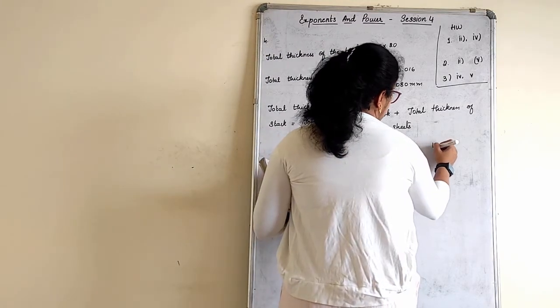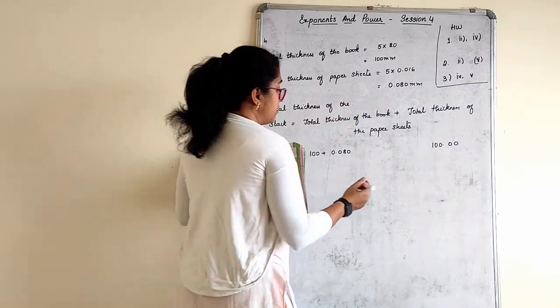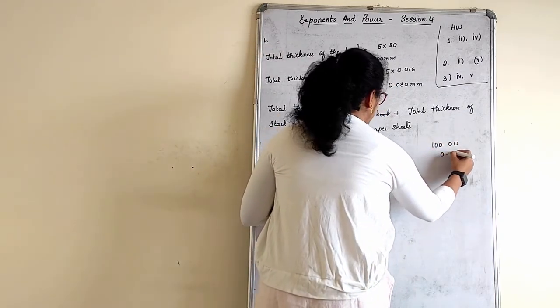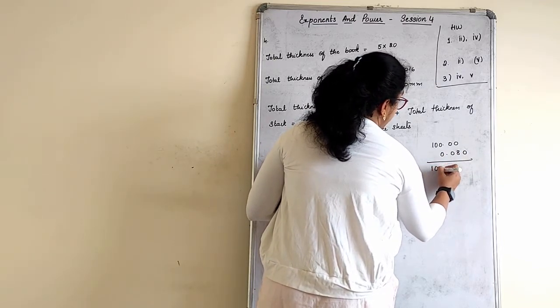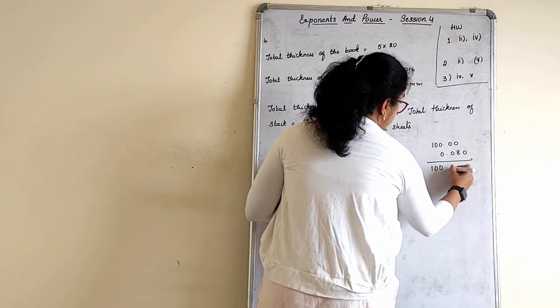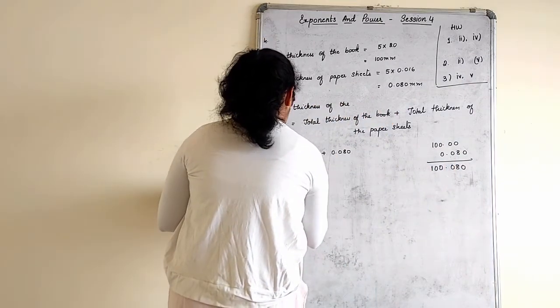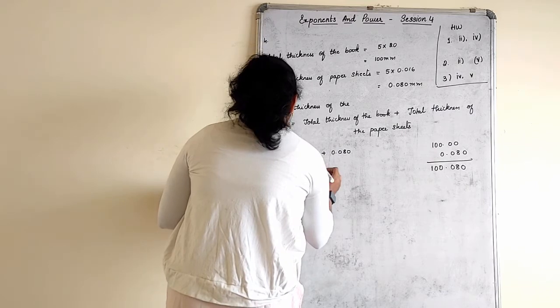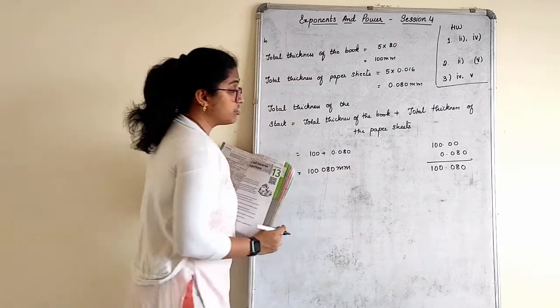How do you add this now? See here, 100.00, decimal numbers all this side. So this is 0.080. Okay. So this 100 will remain as it is here, 100.080. So you can write the answer as 100.080 millimeter.